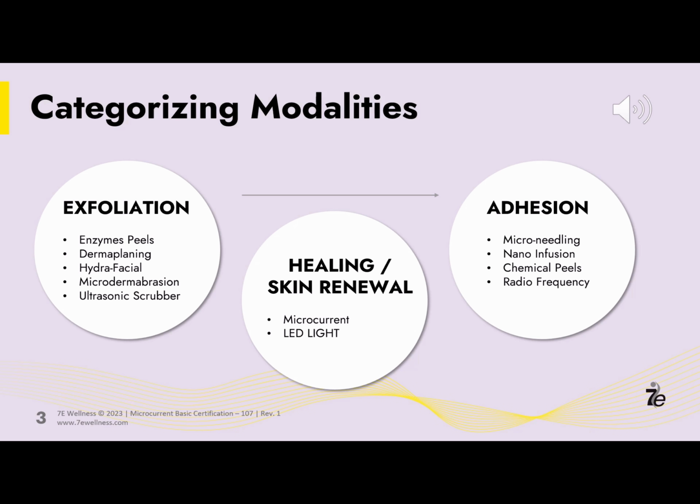The two modalities that fall under that category would be microcurrent as well as LED light. So once you have exfoliated the dead skin, you have created a wound, you want to create a healing or help increase the body's healing ability, and that's what microcurrent as well as LED light do.